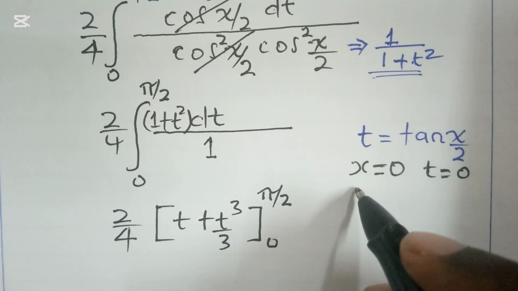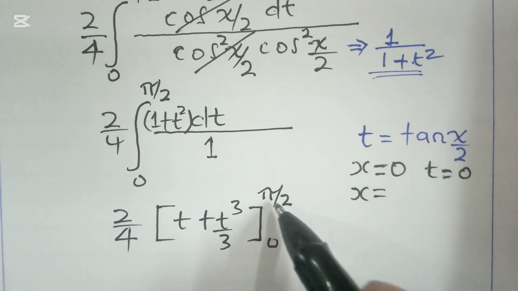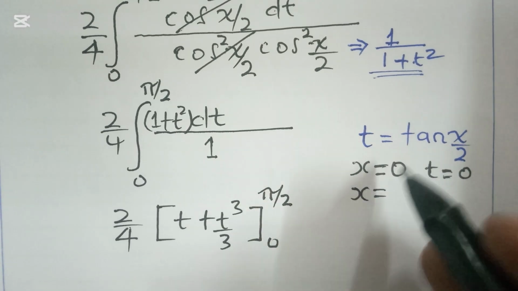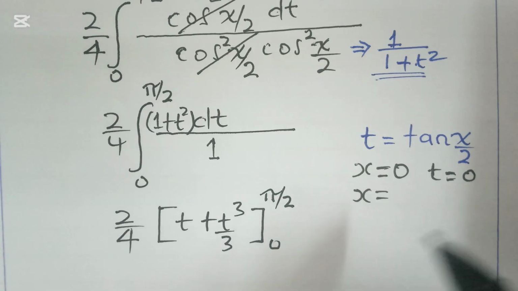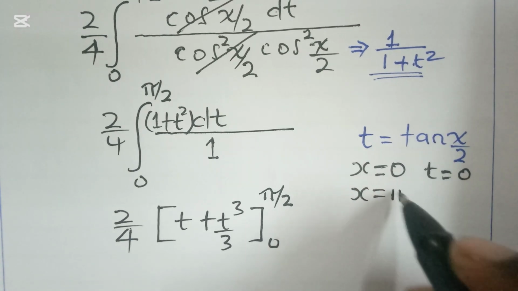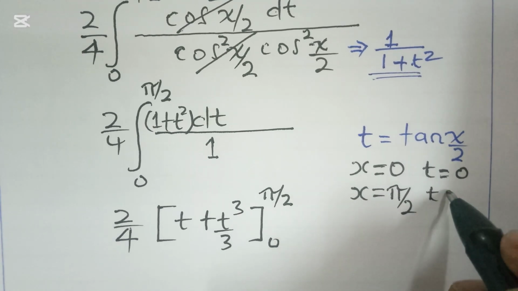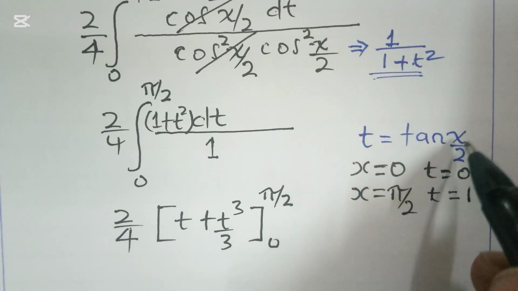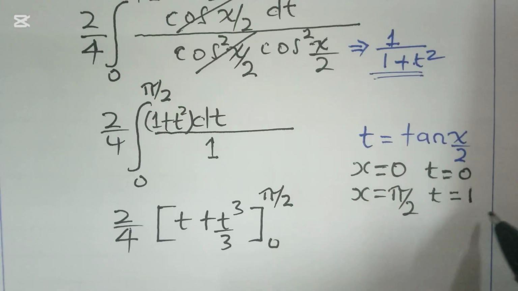When x equals pi over 2, t gives us 1, because this one is now going to be pi over 4. Tan pi over 4 gives us 1.